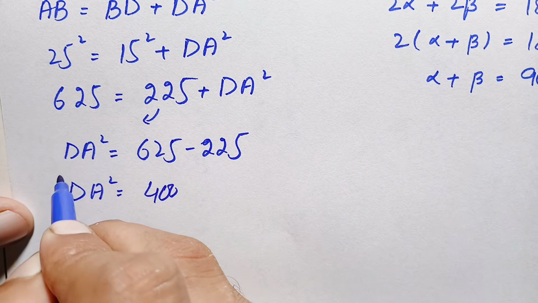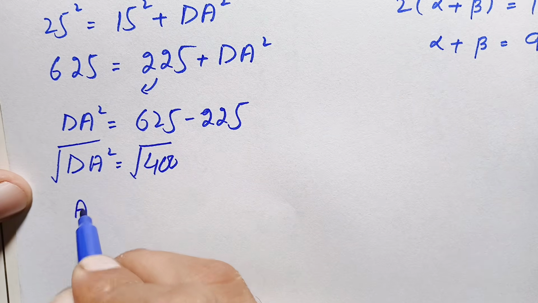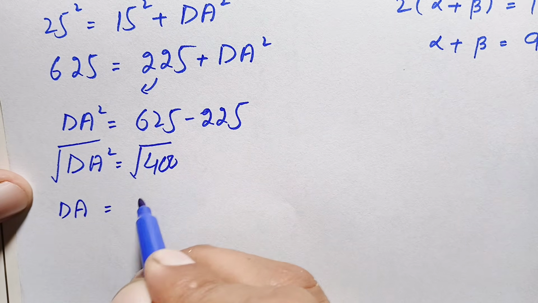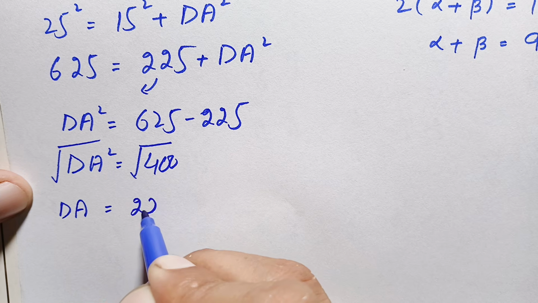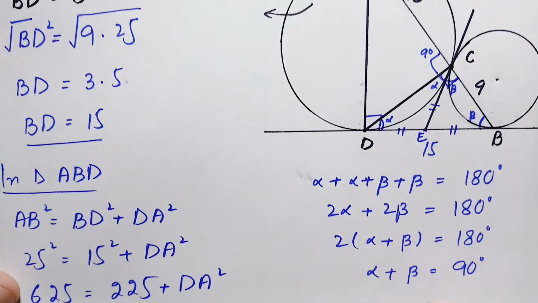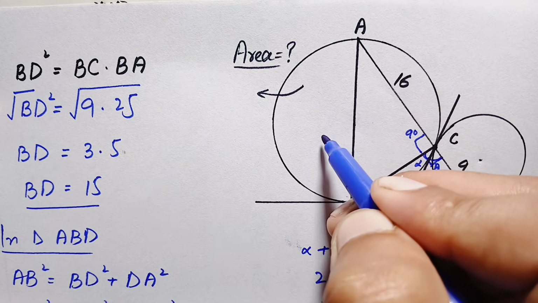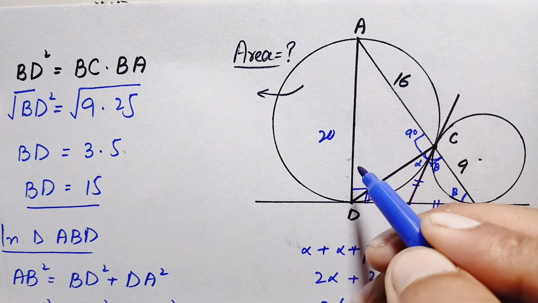Here we will take square root of both sides. So the value of DA will become square root of 400, which is simply 20. So here the value of DA is 20 units. So here the perpendicular and the diameter of this circle is 20 units.